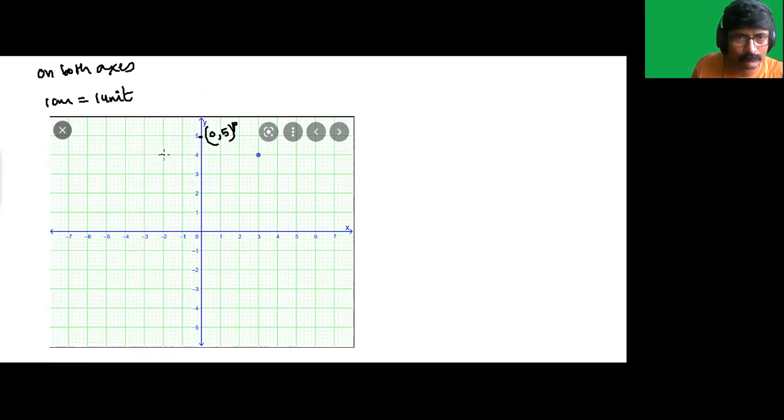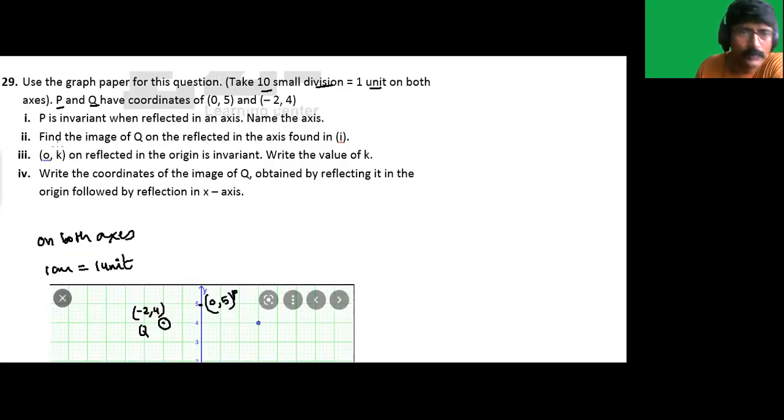It's over here. This is Q. So we got minus 2 comma 4 there. Now let's read the first part. P is invariant.